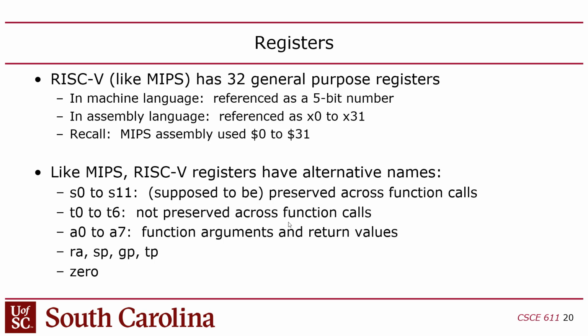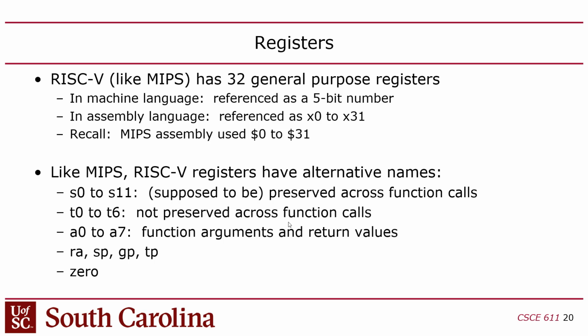Okay, and you guys remember the registers? There's 32 registers in MIPS, 32 general purpose registers. They're named differently though. In MIPS, they're like $0 through $31, and sometimes you can use special symbolic values like S0 through S7.